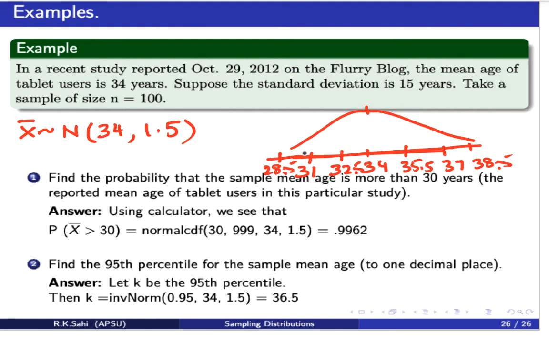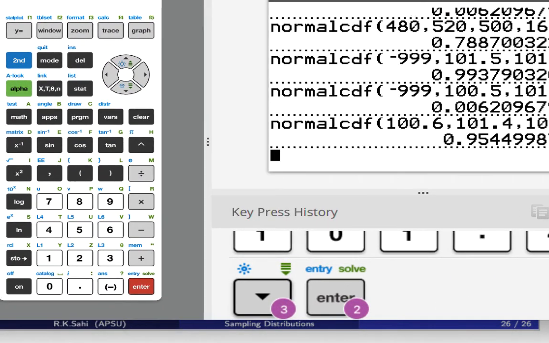Where is 30? 30 is very close to the second mark. So for more than 30 years, what are we going to do again? Normal CDF, 39.99, 34 and 1.5. Let's plug it in our calculators and you will see the answer is 0.9962. Let's do it. Get your calculators, guys. We're going to do it together.